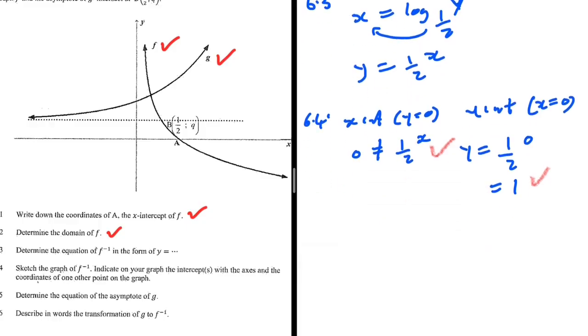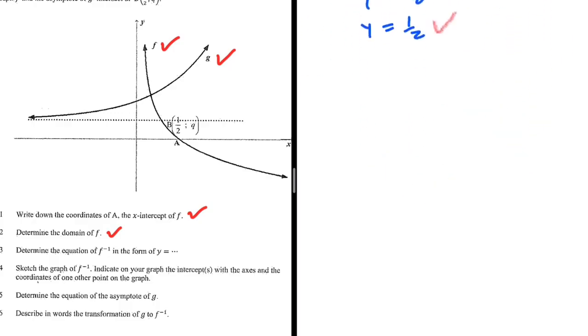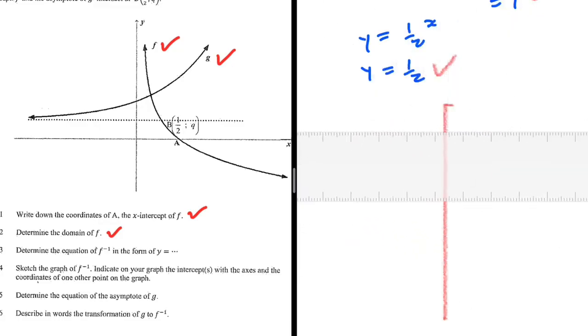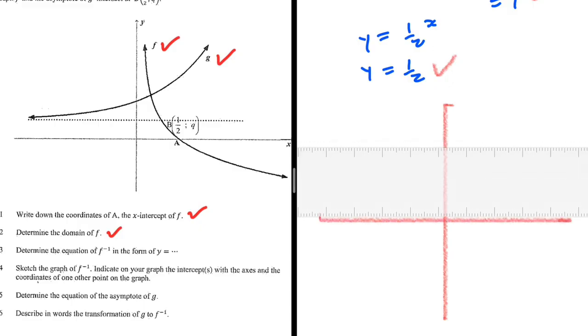So we have y equals a half to the power x. Which point do we want to substitute? Let's substitute x equals 1. If we substitute x equals 1, a half to the power 1 is just a half. So these are the 3 points we're interested in. So let's sketch that. We just need our axes, the y-axis and the x-axis.